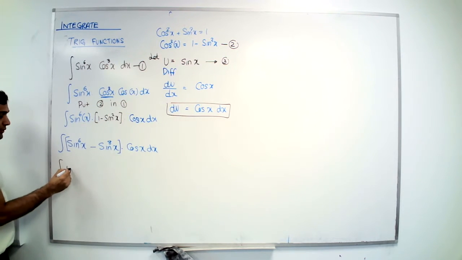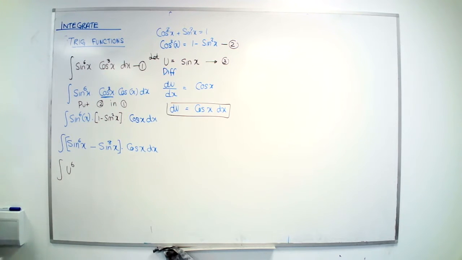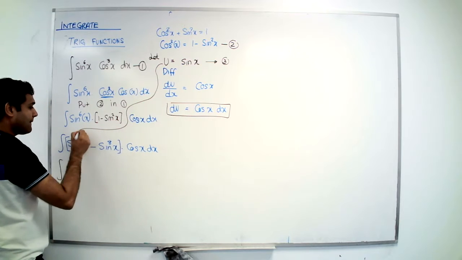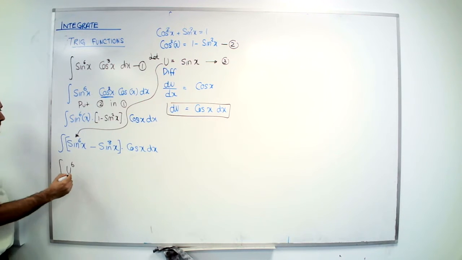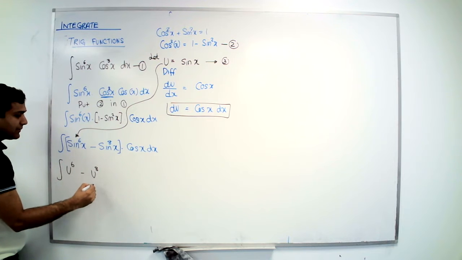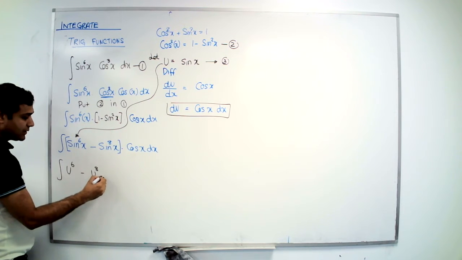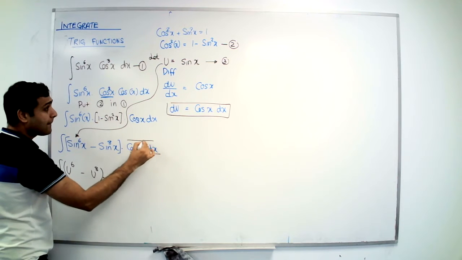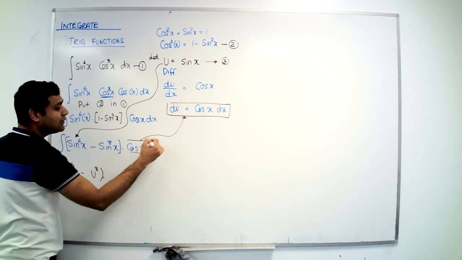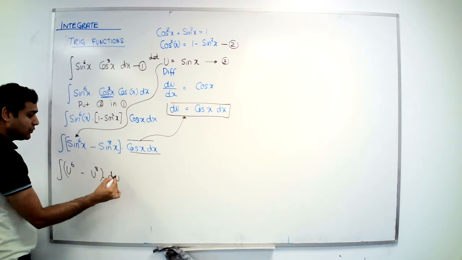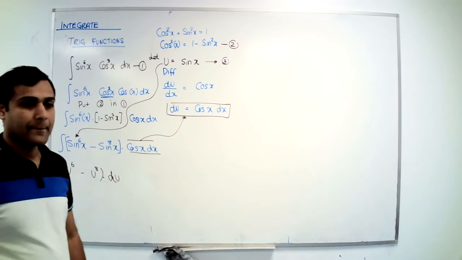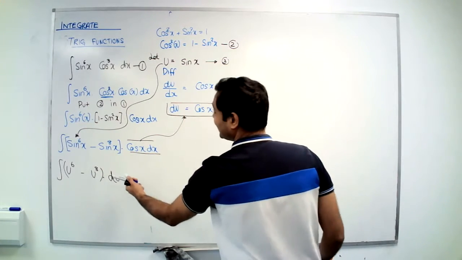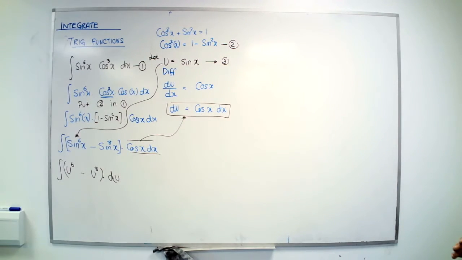So that becomes u to the power 6, and that becomes u to the power 8. Cos x dx is actually du, so replace that with du. If there's a variable u, there should be a du. If there's a variable x, there should be a dx. Otherwise, you cannot integrate.